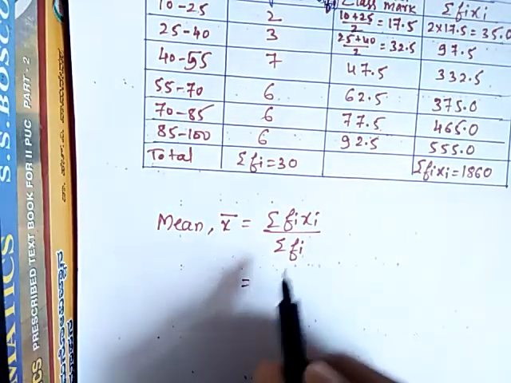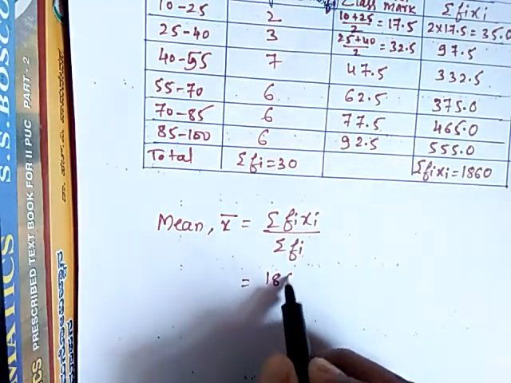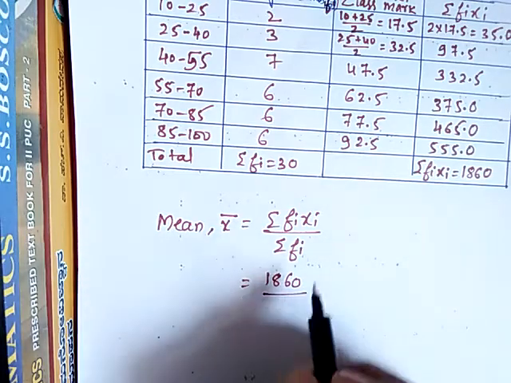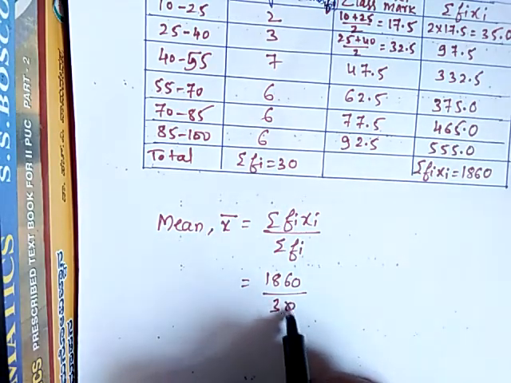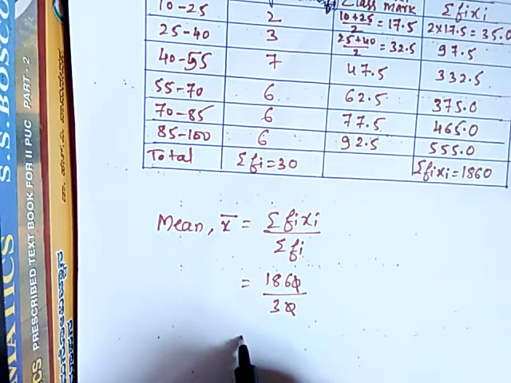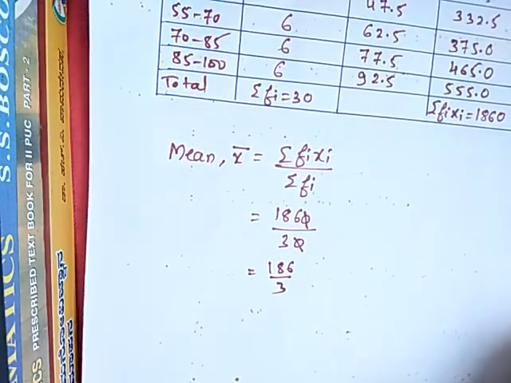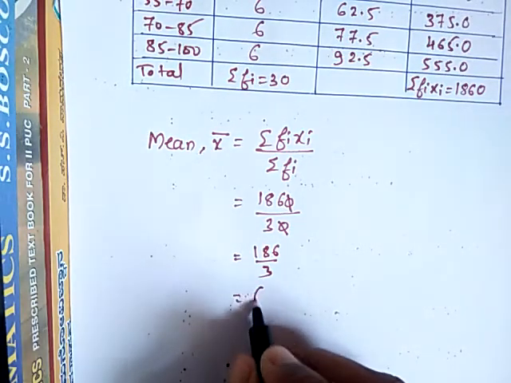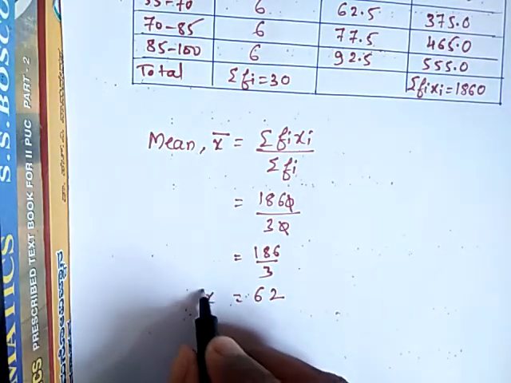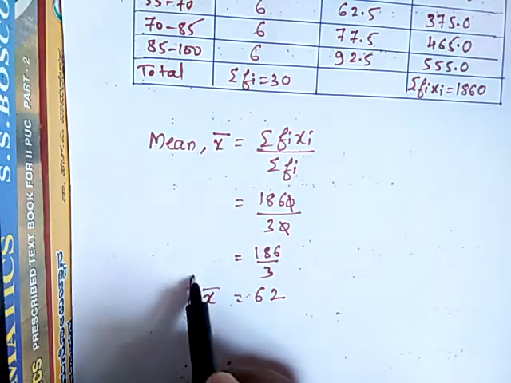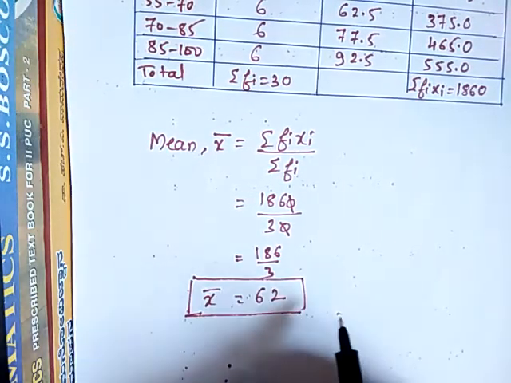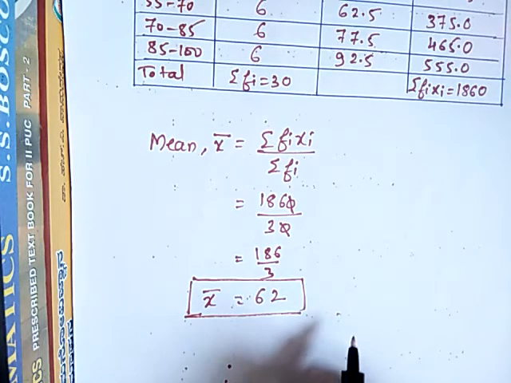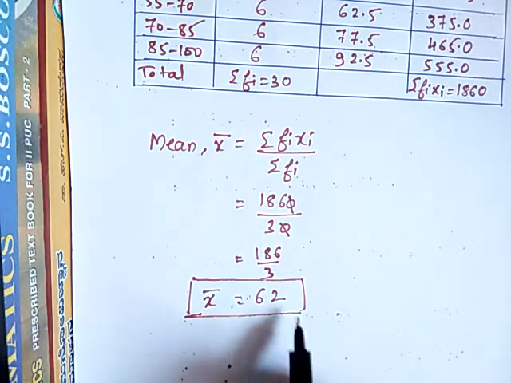So summation fi xi is 1860, divided by summation fi, which is 30. The 0 cancels, leaving 186 divided by 3, which is 62. So the mean of the given data is 62. Like that you can find the mean for all such data by the direct method. This is how we find it.